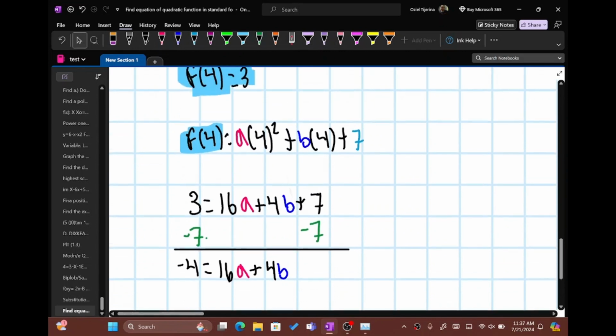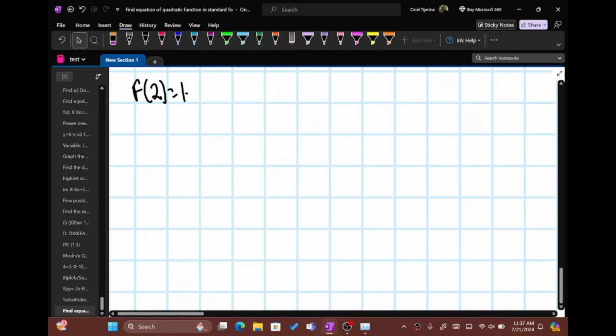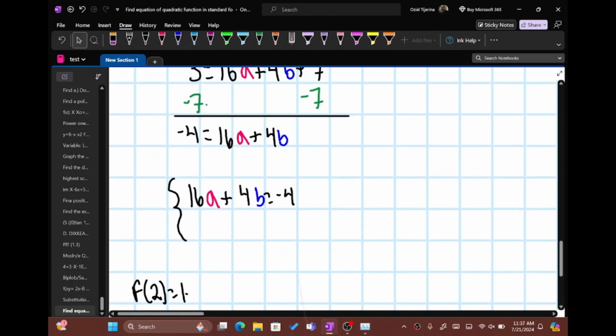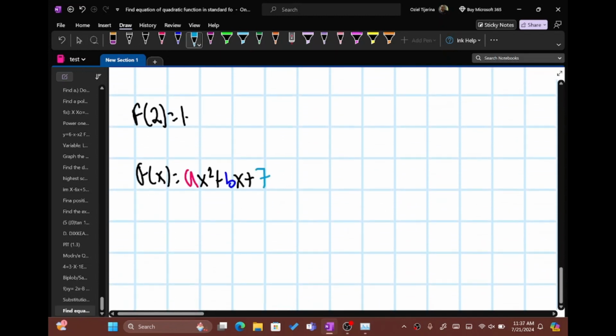Again, we evaluate this. f(x) is equal to ax² + bx + c, and like I said, plus 7, because we solved for c.